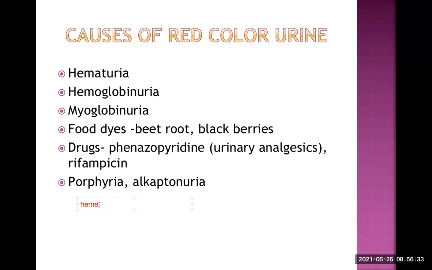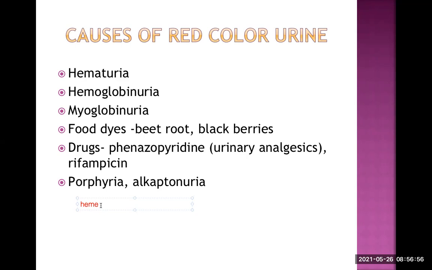Now, there are different types of porphyria, acute porphyria and chronic porphyria. Acute porphyria mainly affects the central nervous system and the skin, and chronic porphyrias mainly affect the skin. Now why is porphyria discussed here?